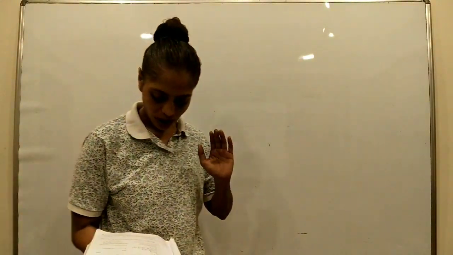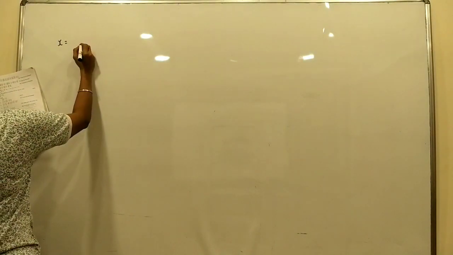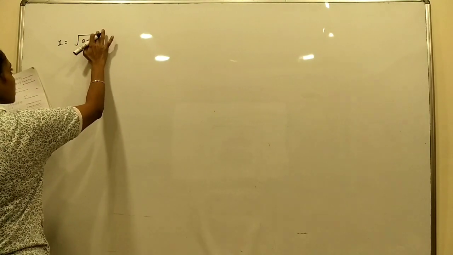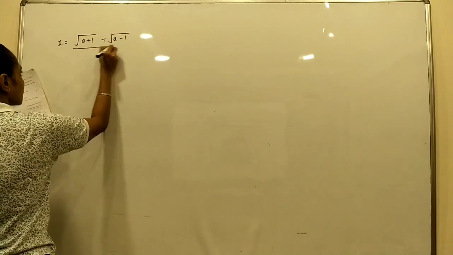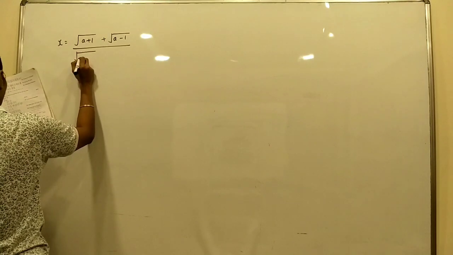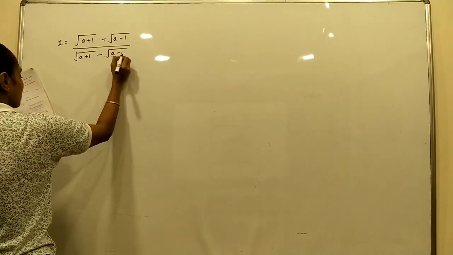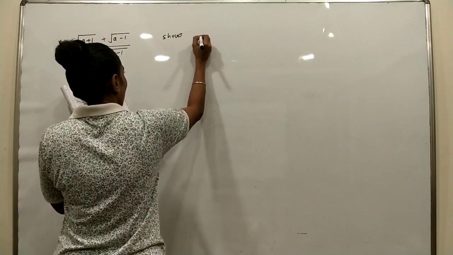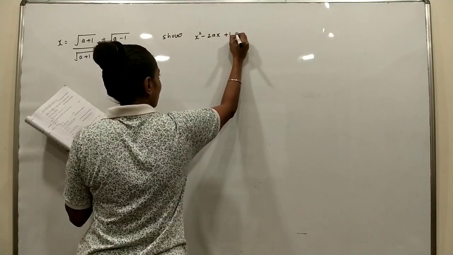Using property means componendo, dividendo, all that. You have to show that if x is (root of (a + 1) + root of (a - 1)) upon (root of (a + 1) - root of (a - 1)), then show that x^2 - 2ax + 1 equals 0.